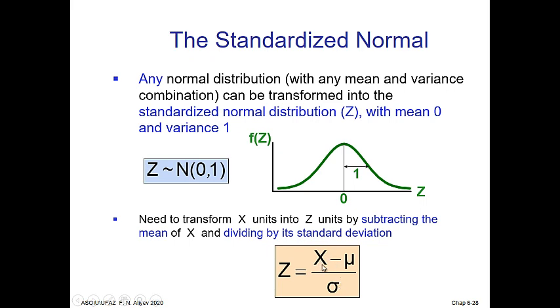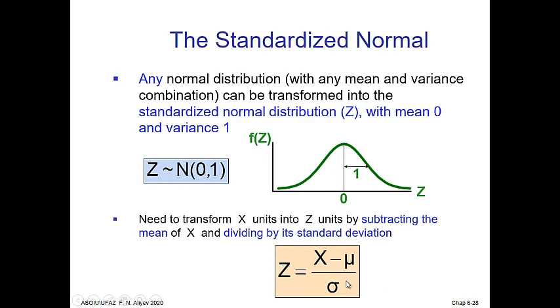If from all values of x you subtract their mean and divide by the standard deviation, you will find a new variable, which is standardized normal distribution, where automatically the mean is 0 and the standard deviation is 1.